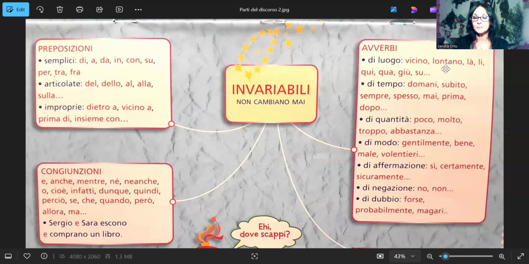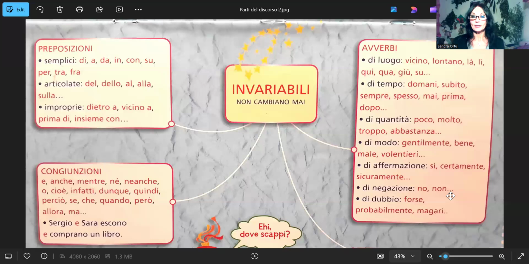Close and far. Careful, again, depending on how you're using them. There and here, up, down, some expressions of time like tomorrow, immediately, always, often, never, after, later, and a bit, much, a lot, enough, kindly, well, and bad, badly. They do not change. Certainly, not, perhaps, probably.